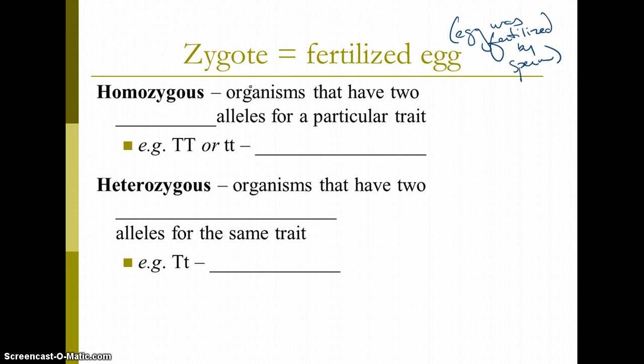Homozygous, which means, if you break that word down, homo means same, and zygous refers to this fertilized egg. So these are organisms that have two identical or the same alleles for a particular trait. So I hope this jogs your memory from middle school. We can sometimes know it as big T or little t.